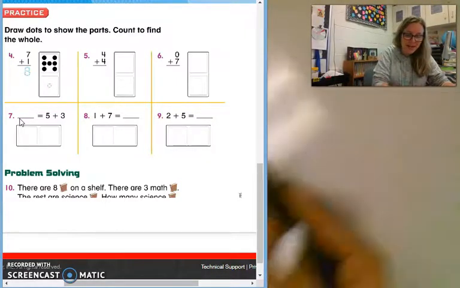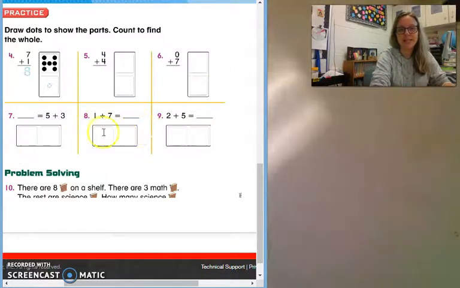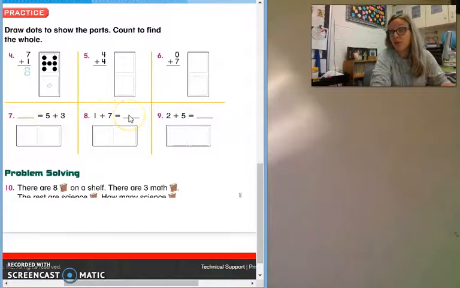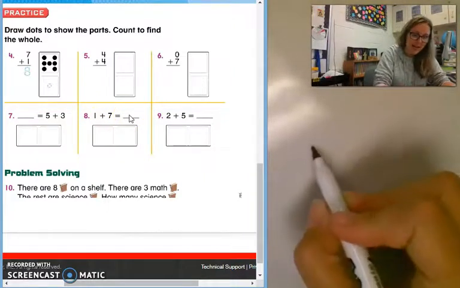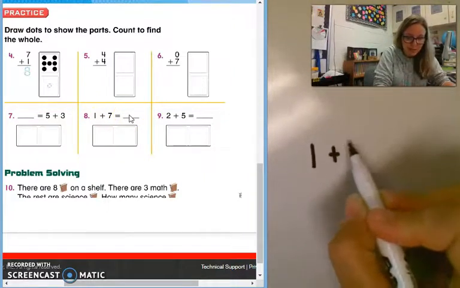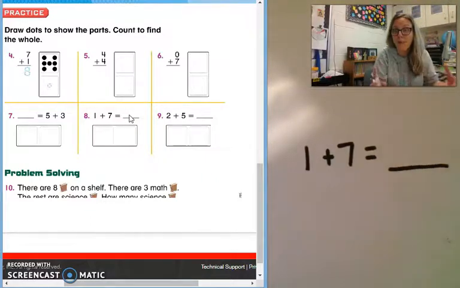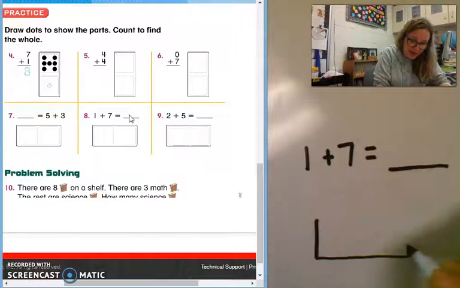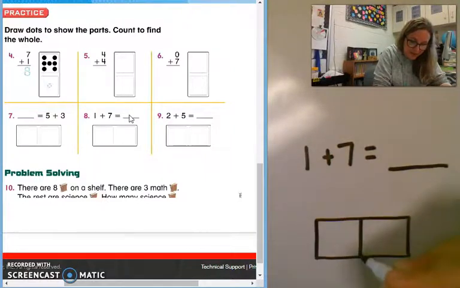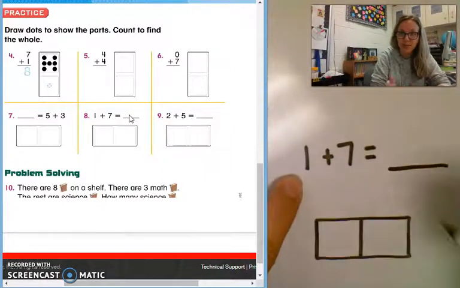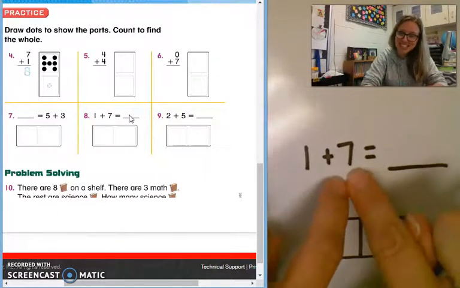Looking at the next problem here, number 8 says 1 plus 7 equals some number that we don't know yet. So if I write that out, that's 1 plus 7 is equal to some whole amount. If we draw out our two parts, our first part will be this first number. That's 1. Our second part will be the second number.